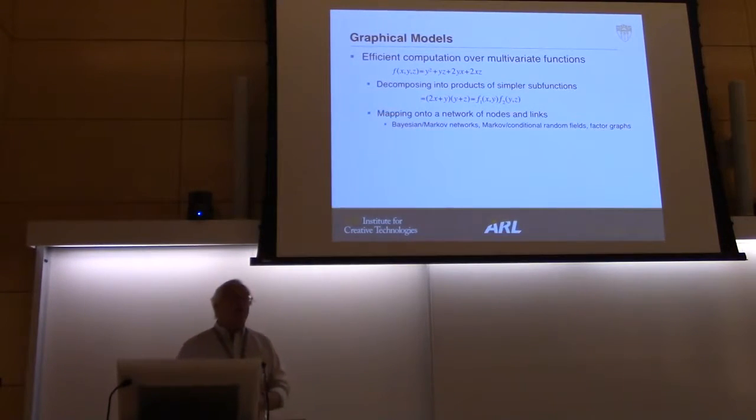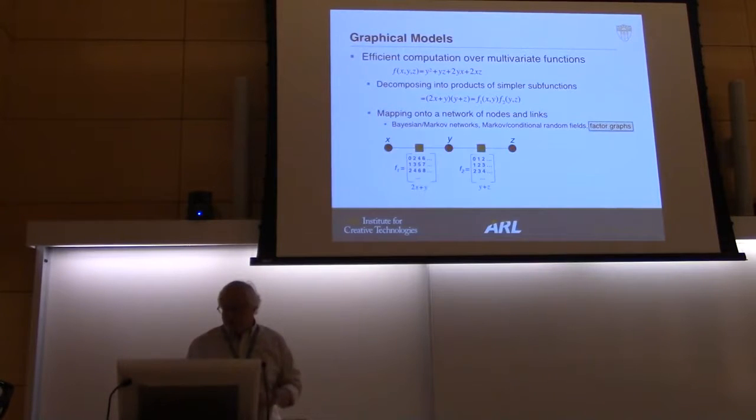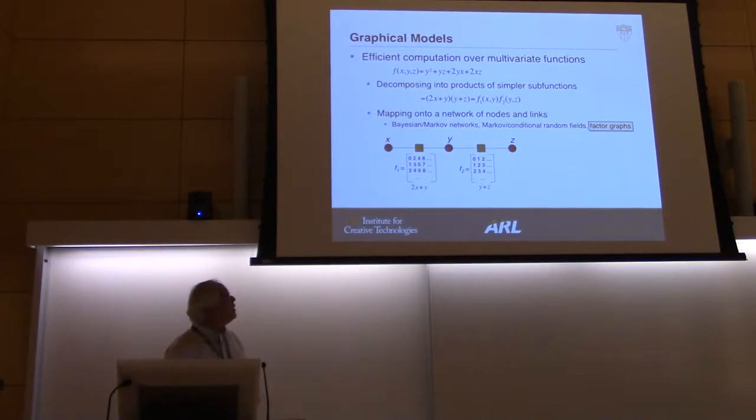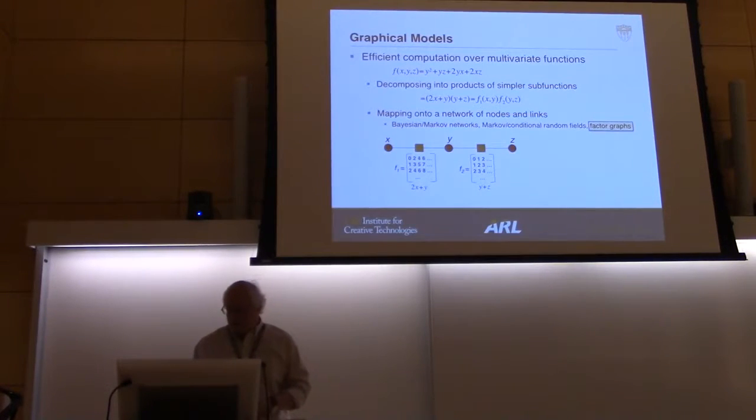You then map it onto a network of nodes and links. There are many different flavors of these. Bayesian networks are the most familiar, but there are other forms. For example, this is a factor graph, which has variable nodes for the variables and a factor node for each of the factors in the equation, and has bidirectional rather than unidirectional semantics. That's just one way of doing this. You then solve typically via some form of either message passing or sampling, though there are other things like variational approaches and so on.